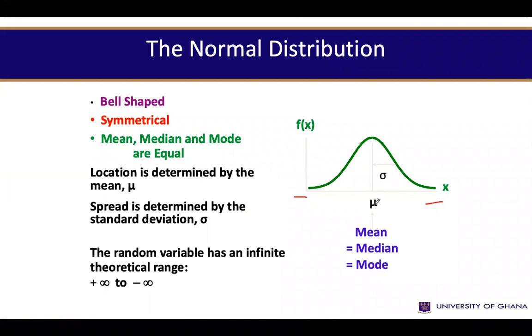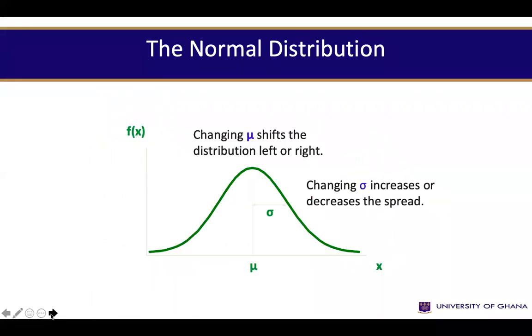Now, the mean is found in the middle of the distribution. So as you can see, the mean is the center, and then the spread is determined by the standard deviation. So anytime you decide to change the value of the mean, then it feels like you are shifting the curve from one location to another.